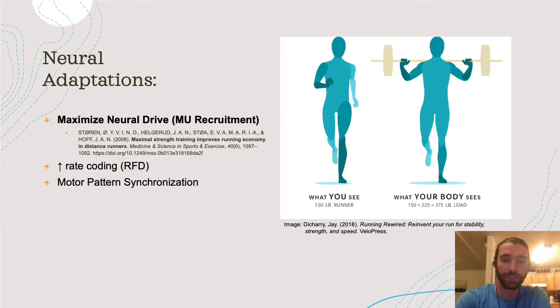The final considerations here are the neural adaptations to strength training that influence running economy. And the first one that I'm going to talk about is how to maximize motor unit recruitment in order to develop the maximal amount of strength that one can without increasing cross-sectional area or muscle mass that would be a conflicting factor to running economy.